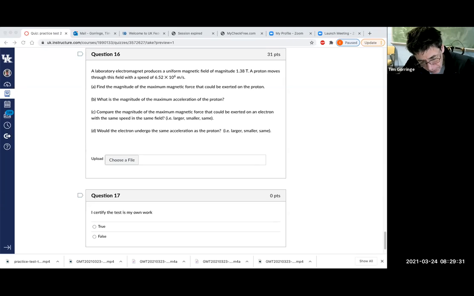So the starting point for this problem is the magnetic force that's exerted on a moving charged particle when it's immersed in a magnetic field.